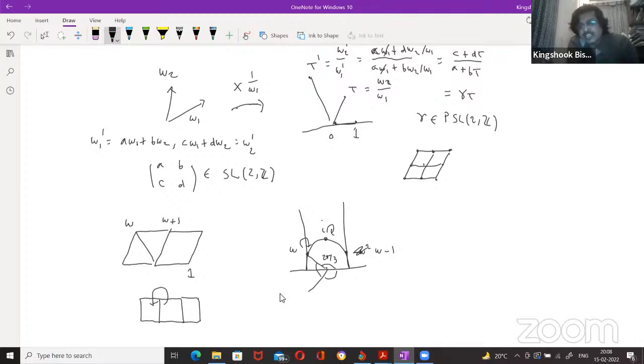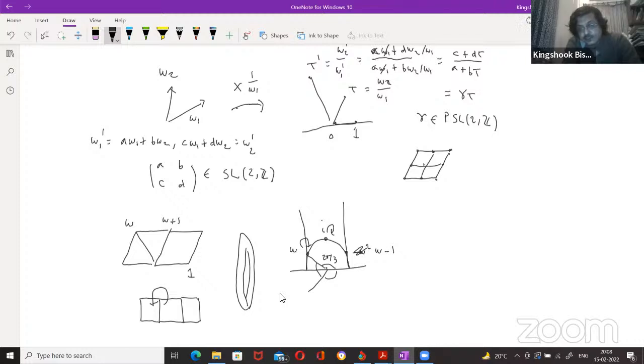Is that what you are asking? And there would be an extra point, the cusp. The cusp occurs when the lattice degenerates and the torus becomes very thin.